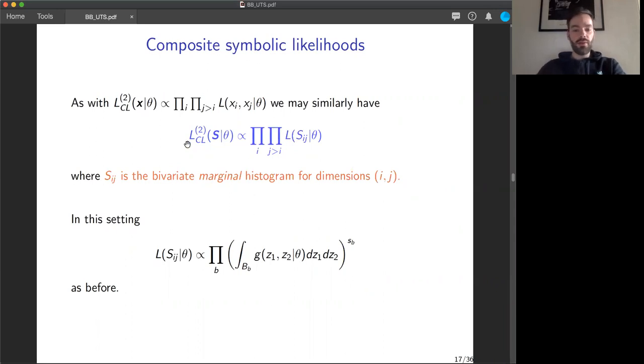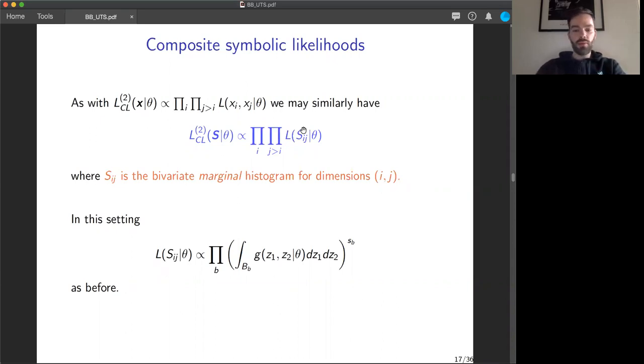So the pairwise composite likelihood for my symbol S is in fact taking the product of all the pairwise marginal histograms, and then I will have the likelihood for these pairwise marginal histograms, ij for dimensions or locations i and j.